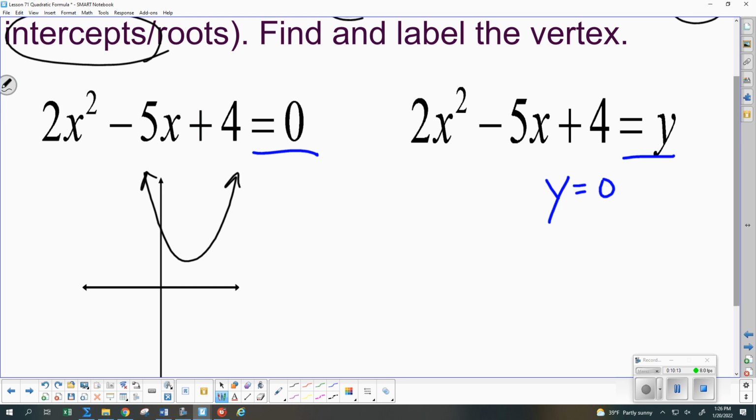If I am on the x-axis, if I'm right here, what's my y-coordinate? Everybody good with y is 0 right here? Or over there, anywhere on that axis, y is 0. That means if y is 0, I'm back to this one.